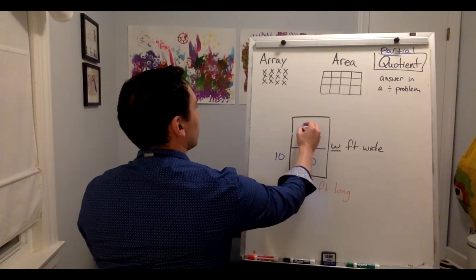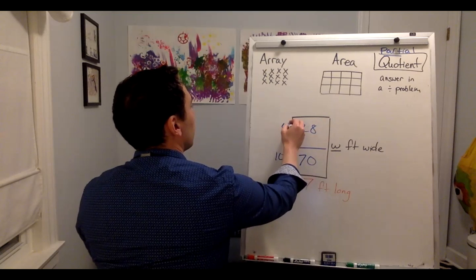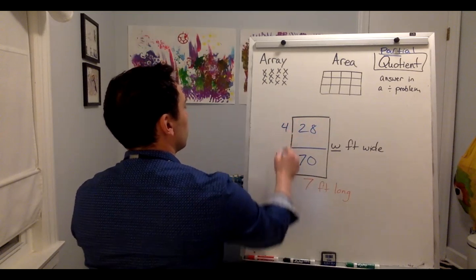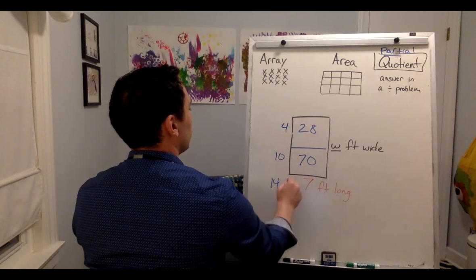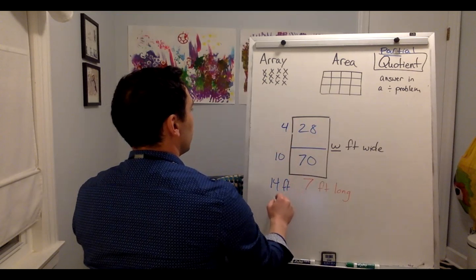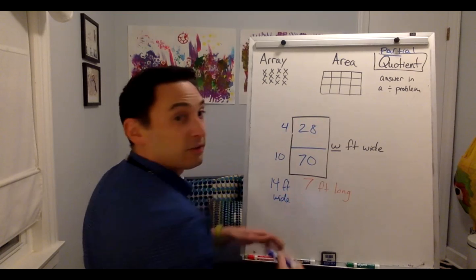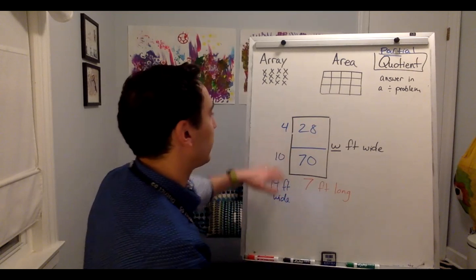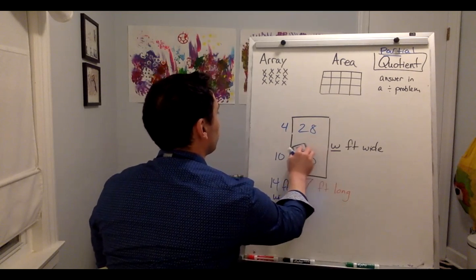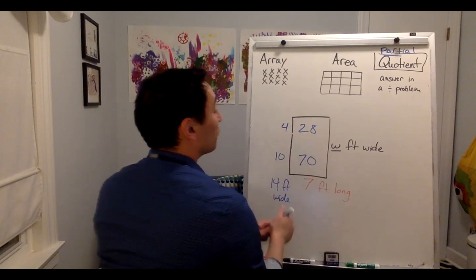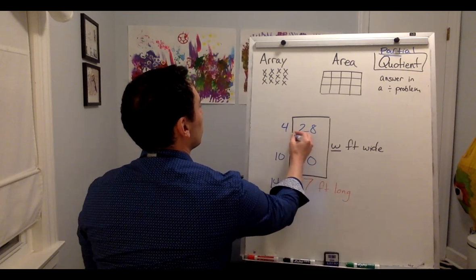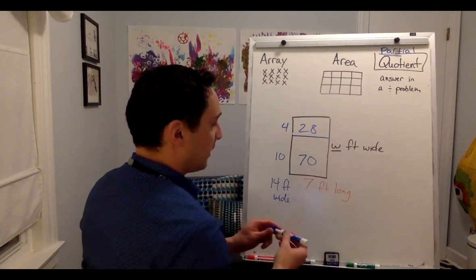And then I said I had 28 here, and that was 4. 10 plus 4 is 14 feet wide or tall. I'm expecting you to be drawing some of that stuff out. Drawing it will really help you to find the solution.